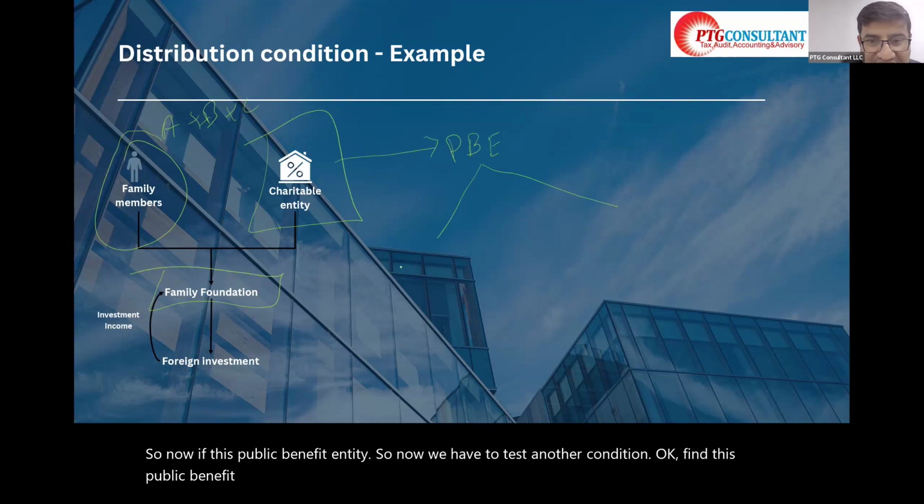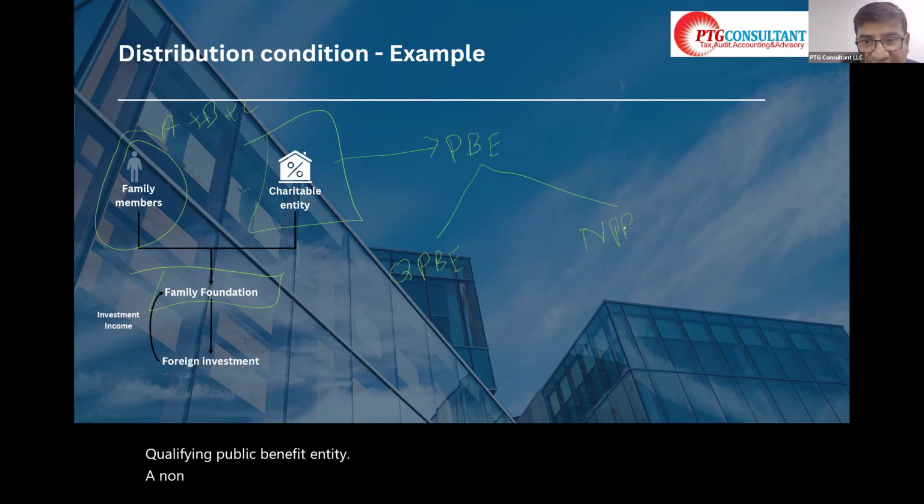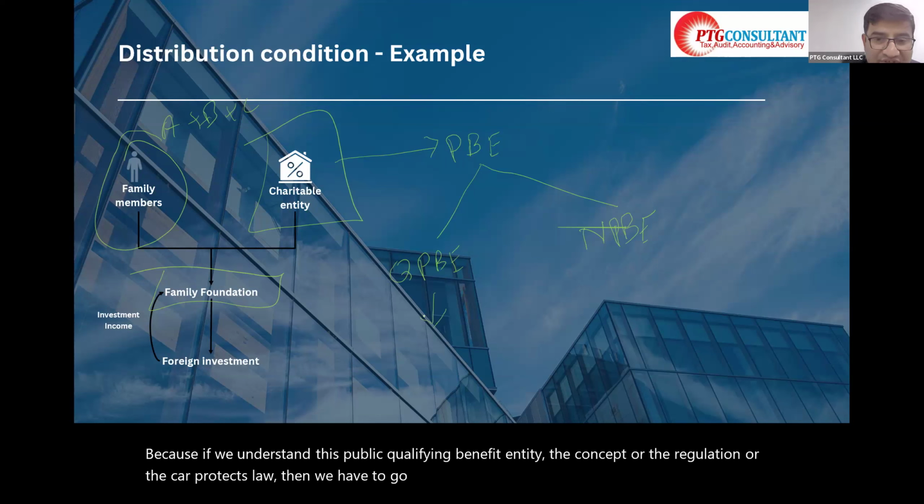Let's see two sub-branches: the qualifying public benefit entity or the non-qualifying public benefit entity. If we understand the concept of a qualifying public benefit entity under the corporate tax law, then we go into further detail.